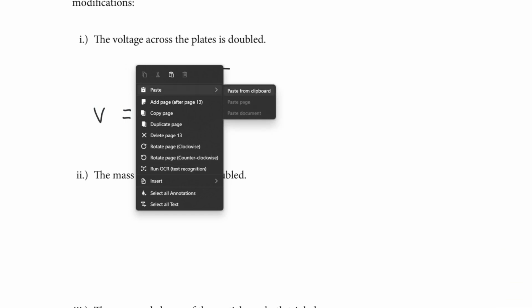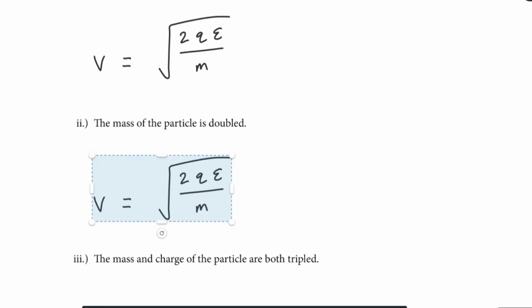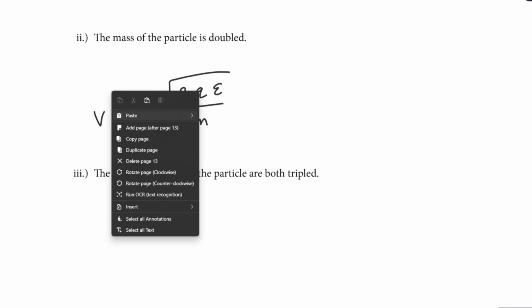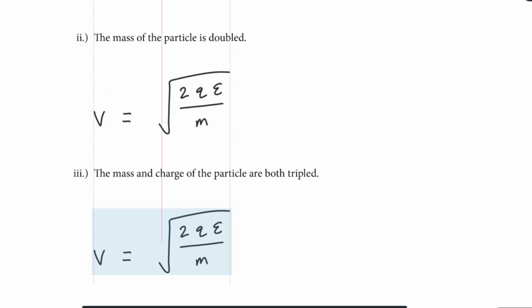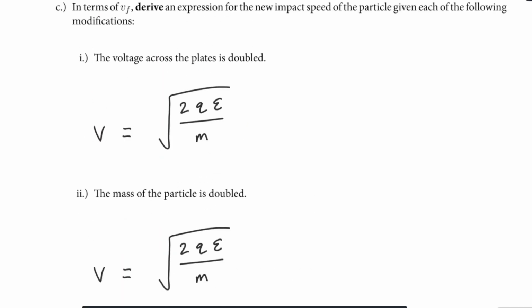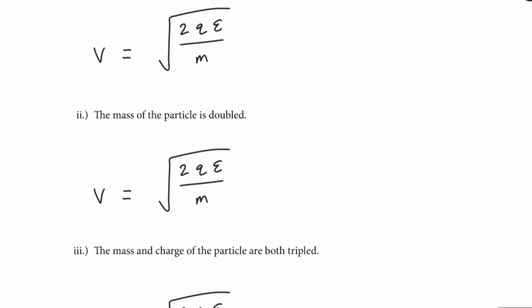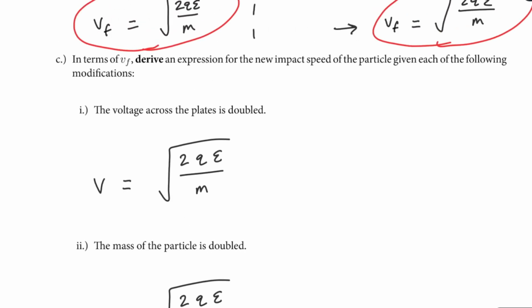So I'm just copy pasting this so I don't have to write this a bunch of times. So here's our three changes here. We're looking at doubling voltage, doubling mass, and then tripling mass and charge. Well, for the first one, doubling the voltage across the plates, that's epsilon, so that's times 2. But it's times 2 under the square root.